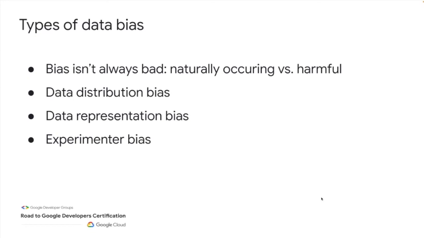Am I going to go, aw, and pet it? You kind of look at what is natural and what will get you harmed. But sometimes bias is not good, and we have to really examine what kind of biases we are adding to the data. Then we have a data distribution bias.